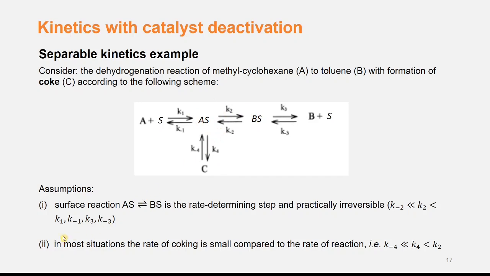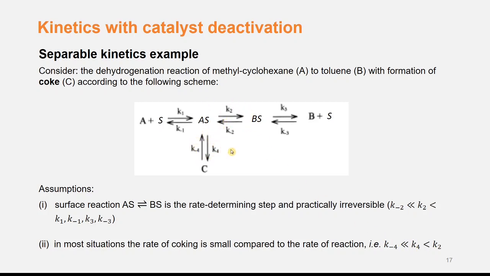We will also assume that, as in most situations, the rate of coking is small compared with the rate of reaction. So K4 is less than K2. So the main reaction is faster than the coking reaction.